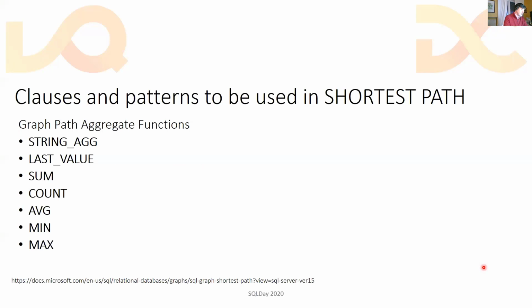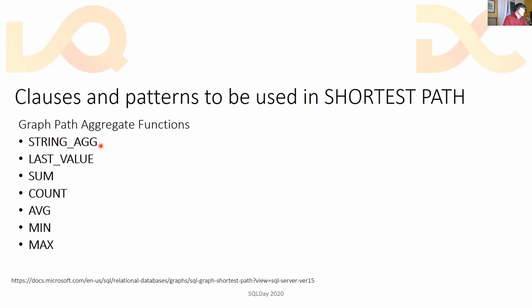For working, the shortest path needs aggregate functions. So what we need to use in our query are some aggregate functions. These are common functions. They have nothing to do directly with graph databases or the shortest path.